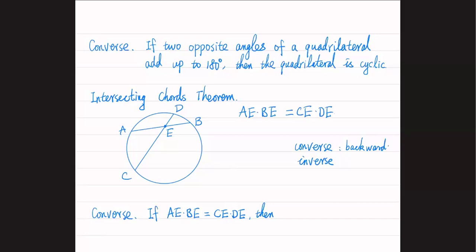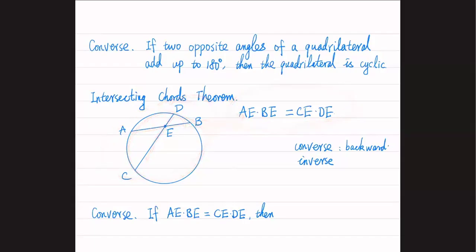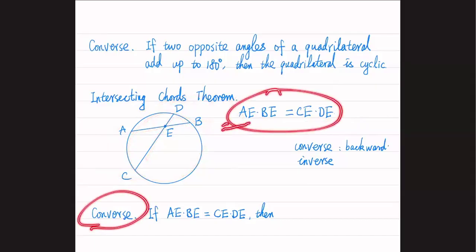For example, here, this implies this. If they are the chords of the same circle, we have the identity. That's the theorem. We go forward. The converse is go backward. If we have the identity, then it must be on the same circle.